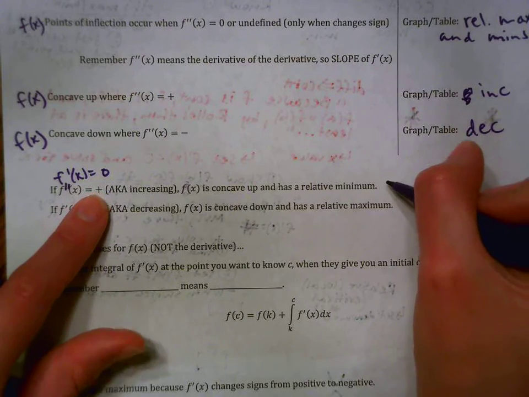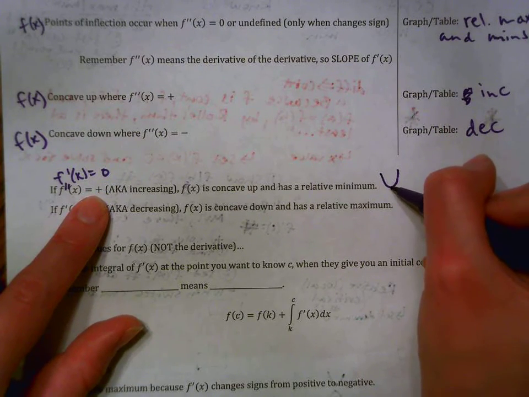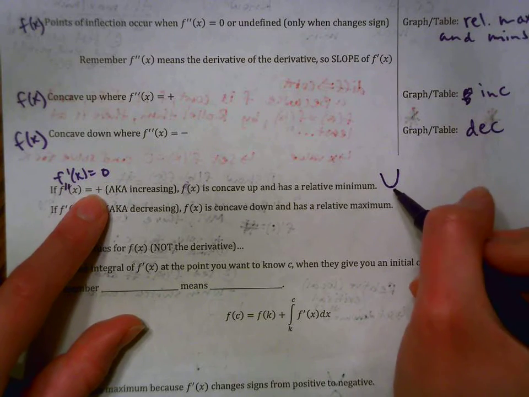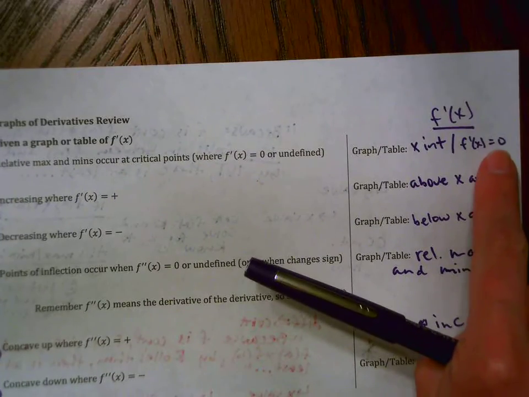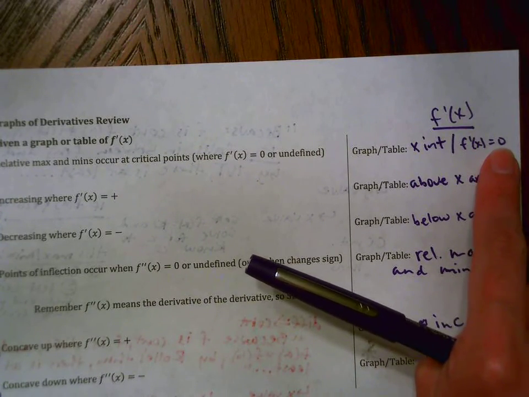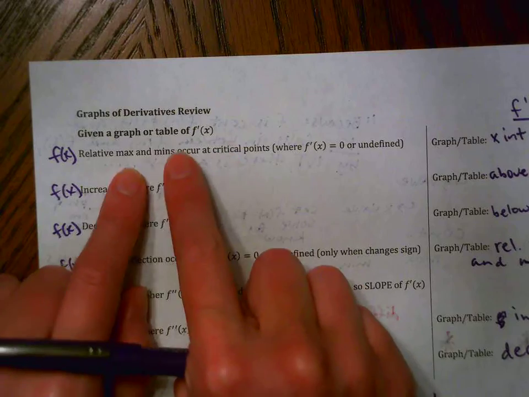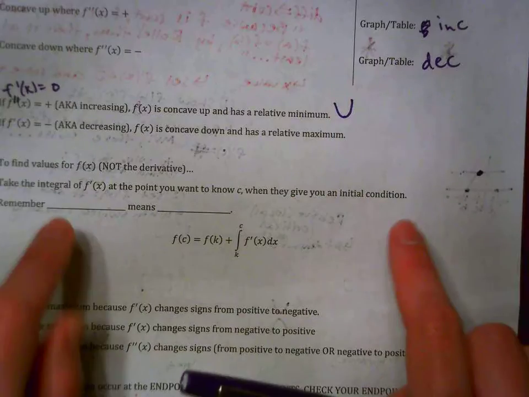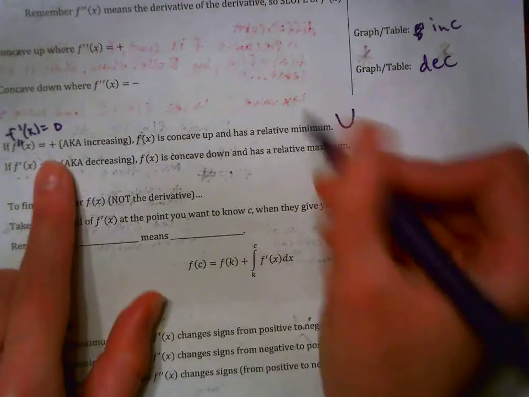So if we draw concave up, and this is the spot that we have, then that relative extrema would have to be a minimum. If we already determined that f prime of x equals 0, so there has to be a max or min there, well then check the concavity if you're trying to decide if it's a max or min. Well, if it's concave up at that point, it would have to be a minimum.